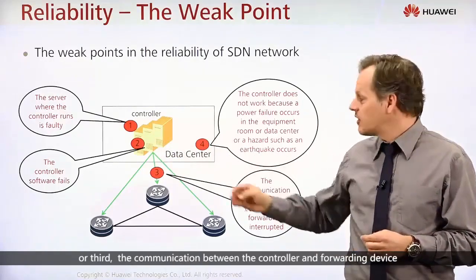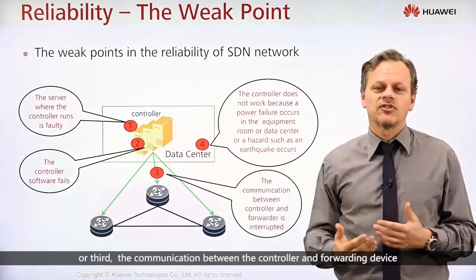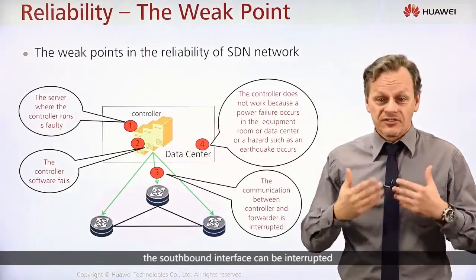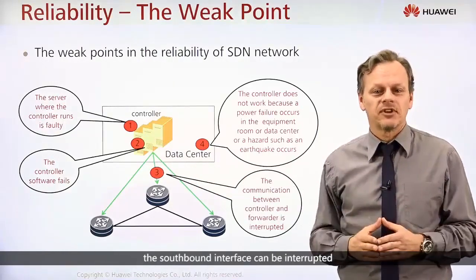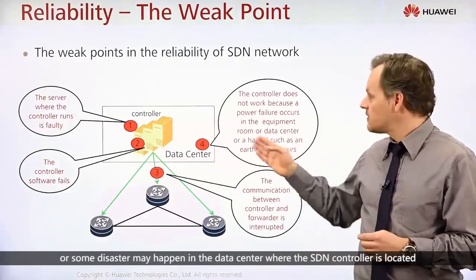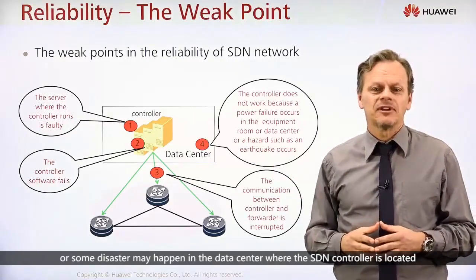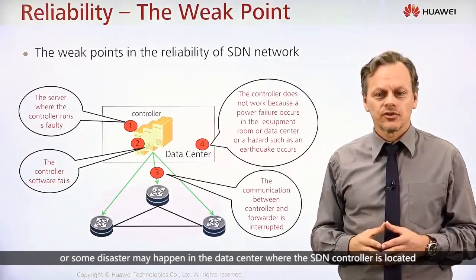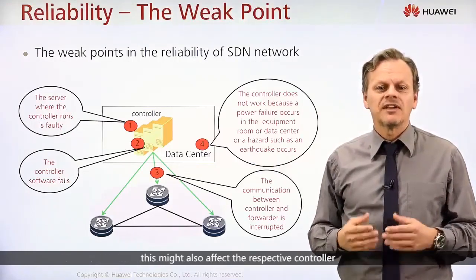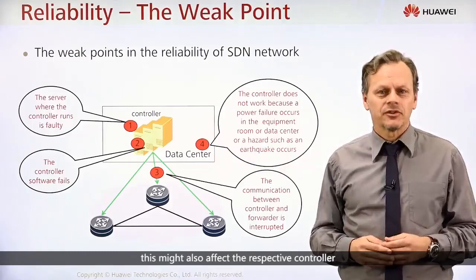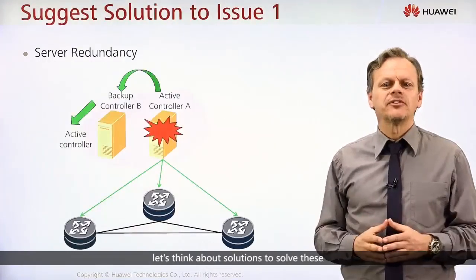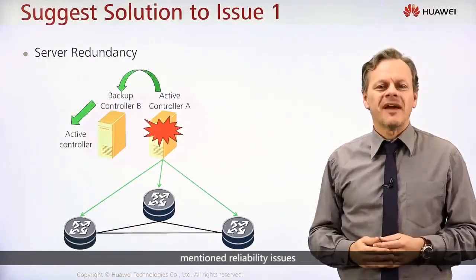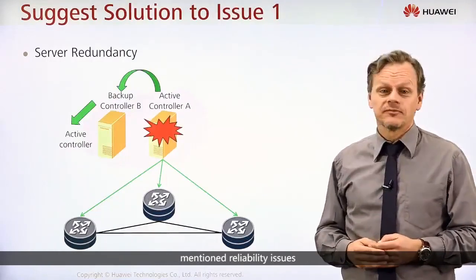Or third, the communication between the controller and the forwarding device, the southbound interface, can be interrupted. Or some disaster may happen in the data center where the SDN controller is located. This might also affect the respective controller. Let's think about solutions to solve these mentioned reliability issues.